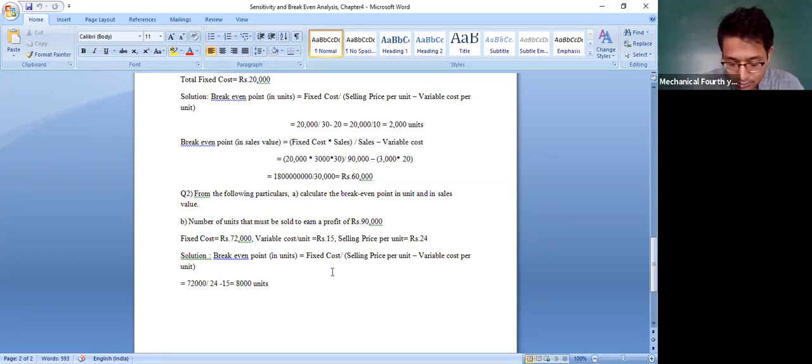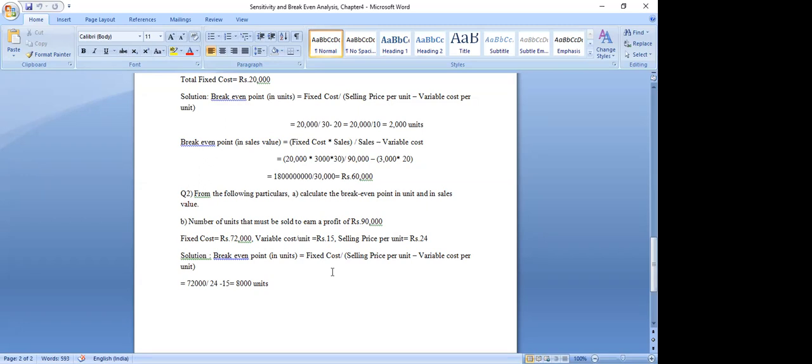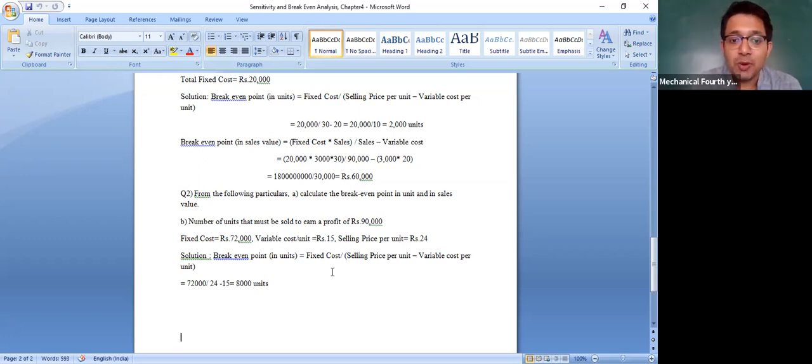Yes, Rohan? So will it be profit divided by contribution, sir? And plus the 8,000. No, Rohan, it is fixed cost plus profit. I'll write it down for you in the formula box.